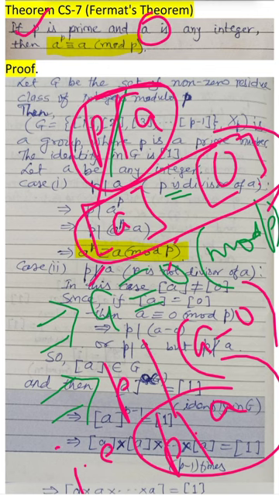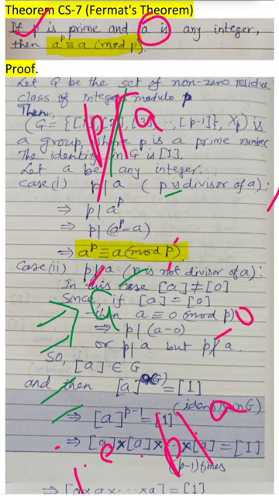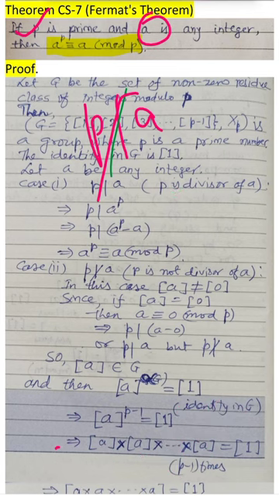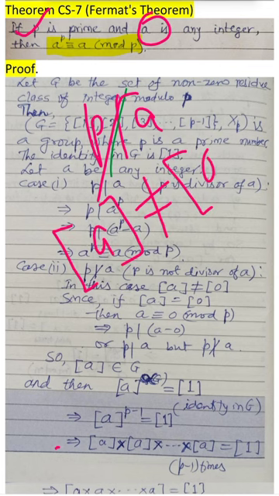So we can say that if P is not a divisor of A, then class A is not equal to class 0.